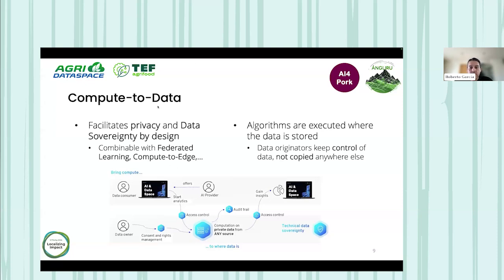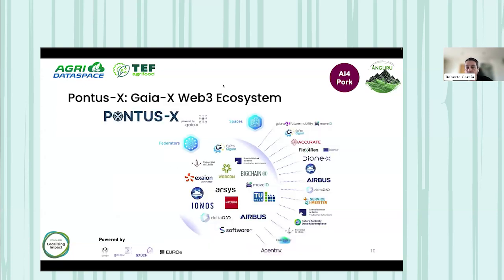Okay, so continuing. There is already an ecosystem around this idea. It's called the Pontus-X ecosystem. It is quite connected with the Gaia-X initiative, the initiative at the European level about data spaces and sovereignty regarding data. In this ecosystem, there are different portals related to different domains. We're working especially in the agriculture domain in this context, but with the idea that all these data spaces can be connected.